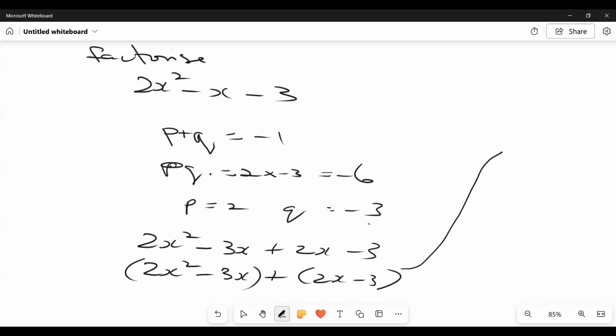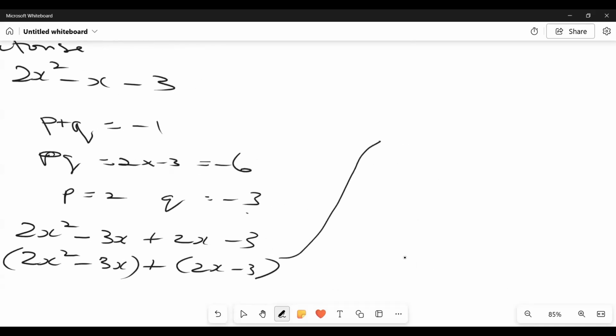Come up here now. So here, what is common? X, right? So you get 2x minus 3, okay? What's common here? Just 1 times 2x minus 3.